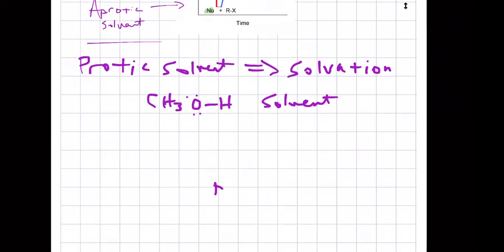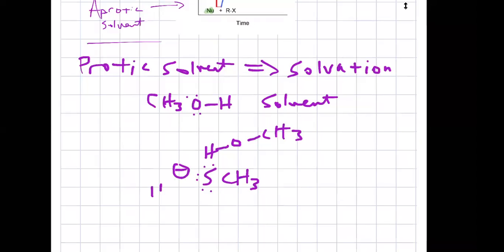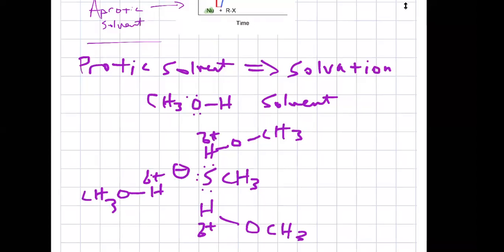Let's go back and use the one we had at the beginning. So all of those protons start hydrogen bonding, in a sense, because these are all partially positive here. And so this thing actually gets surrounded by protons. And that's bad.